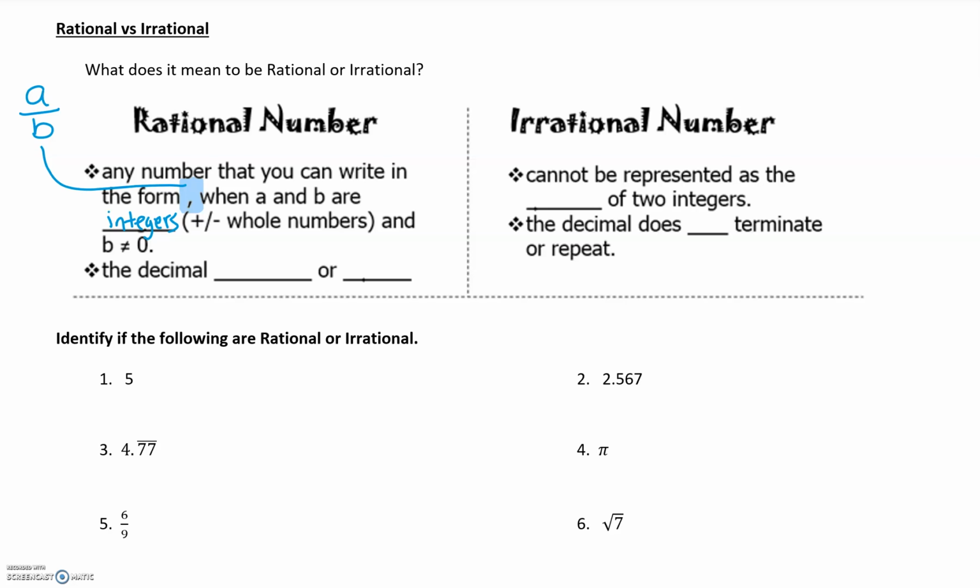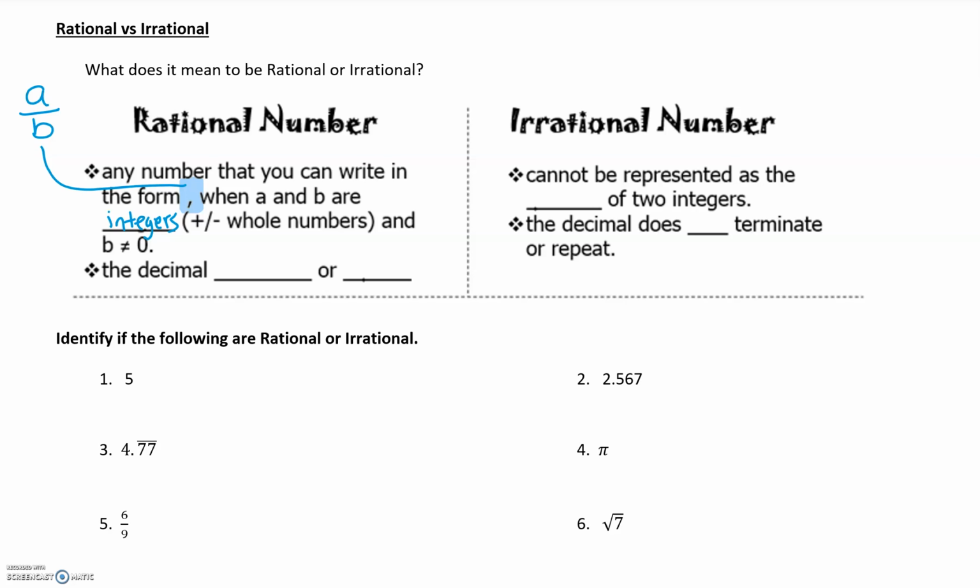Integers mean positive or negative whole numbers, and your B cannot be zero. That just means it has to be defined. So a rational number can be that.